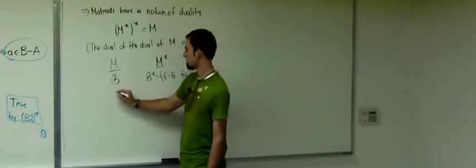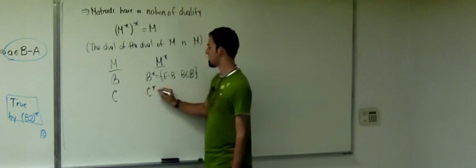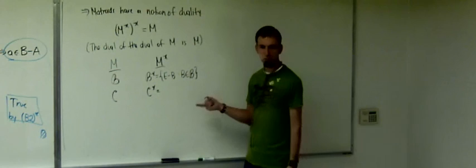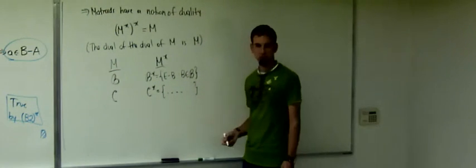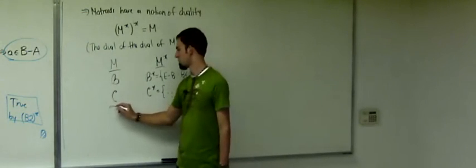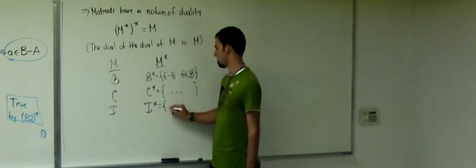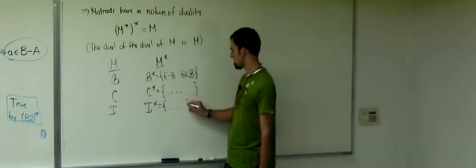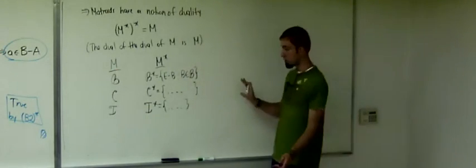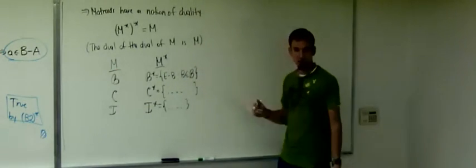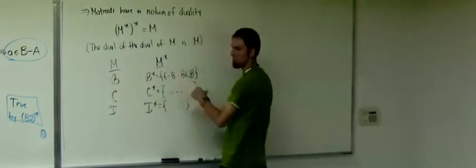The next question is, okay, what about if I start with circuits? What are the circuits of the dual? It's not so simple, but you can say circuits are the things that satisfy something in terms of C. Or if you start with the independent sets here, then you can tell me what the independent sets of the dual are. It'll take us some work to come up with a whole dictionary. So far, the only thing we know is the first entry of this dictionary: to go from bases of a matroid to bases of its dual. Okay?